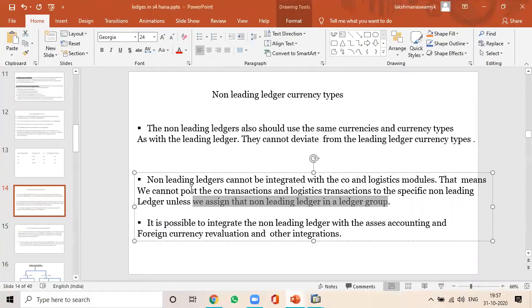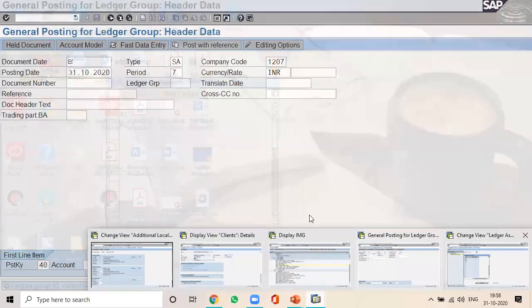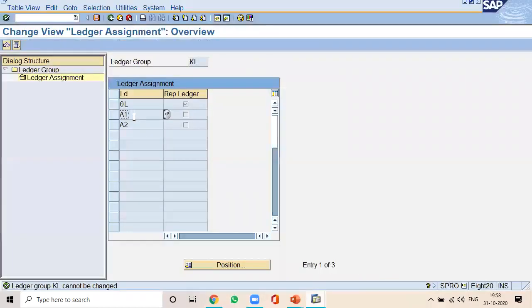Non-leading ledgers cannot be integrated with the CO and logistics modules. That means we cannot post the CO transactions and logistics transactions, that is SD integration transactions, to the specific A1 and A2.